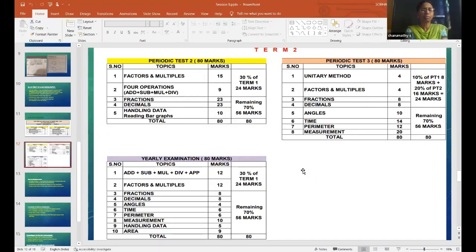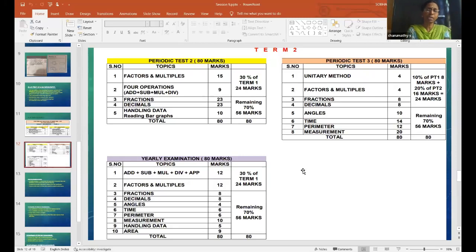Same way with decimals. It was the topic for periodic test 2, when they first learned about decimals, so that concept was tested in a broader sense, for 23 marks. When it was tested again in periodic test 3, it became 8 marks, and here we are sticking to the same 8 marks. Angles was in periodic test 3, tested for 10 marks, and now we are reducing it to that.